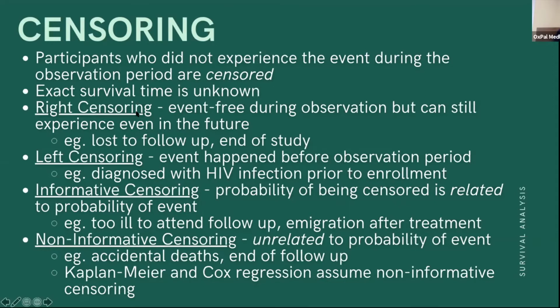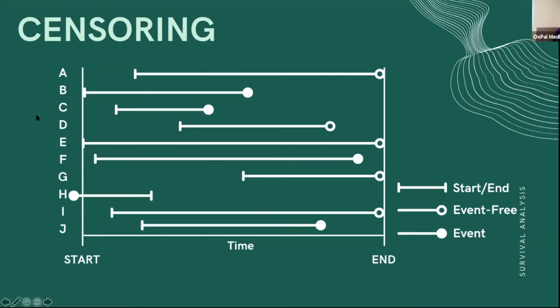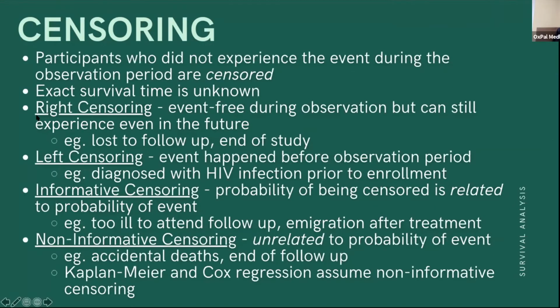Meaning they somehow got off from that observation period, and they can still experience the event. This includes those who are lost to follow-up, and those who have completed the study and did not experience the event. So for instance, if the event we're looking at is mortality, those who were lost to follow-up can still die, but we don't know how long the survival time is. That's considered right censoring.